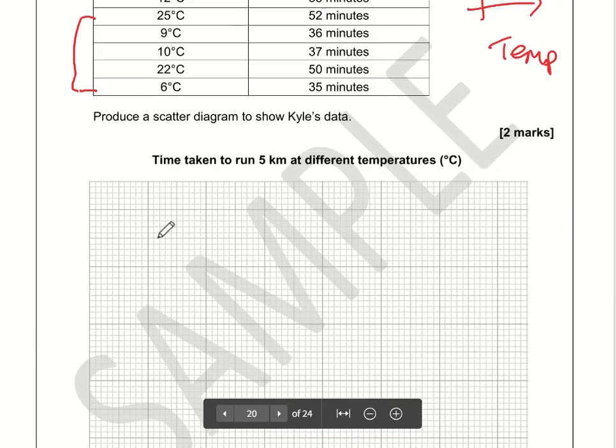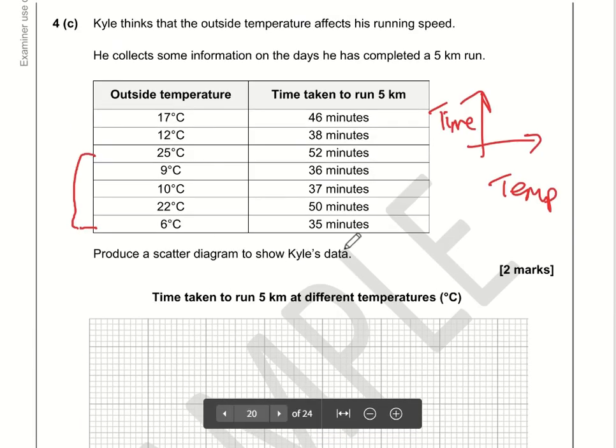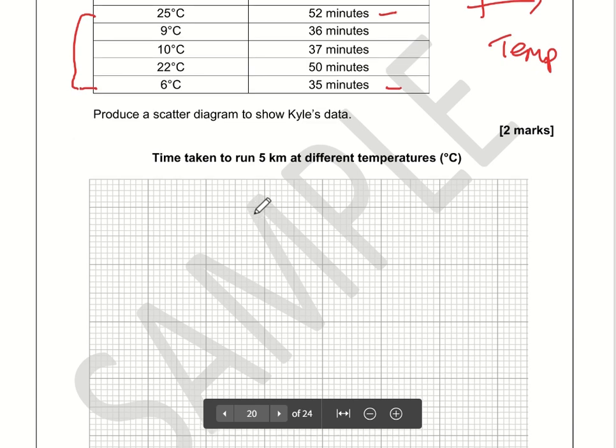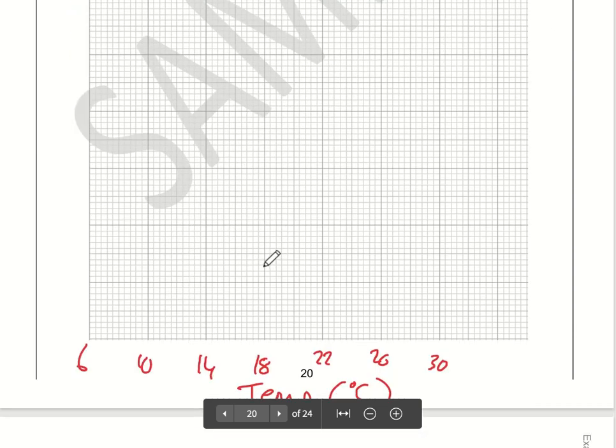I've also got 15 going up the sides, and the time taken goes from 52 down to 35, and 52 minus 35 is 17, so I can't go up in ones, so I'm going to have to go up in twos.